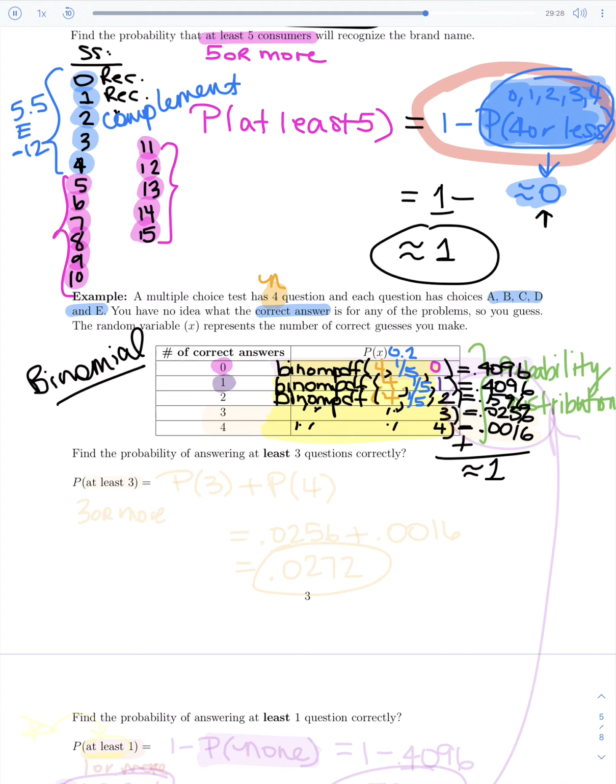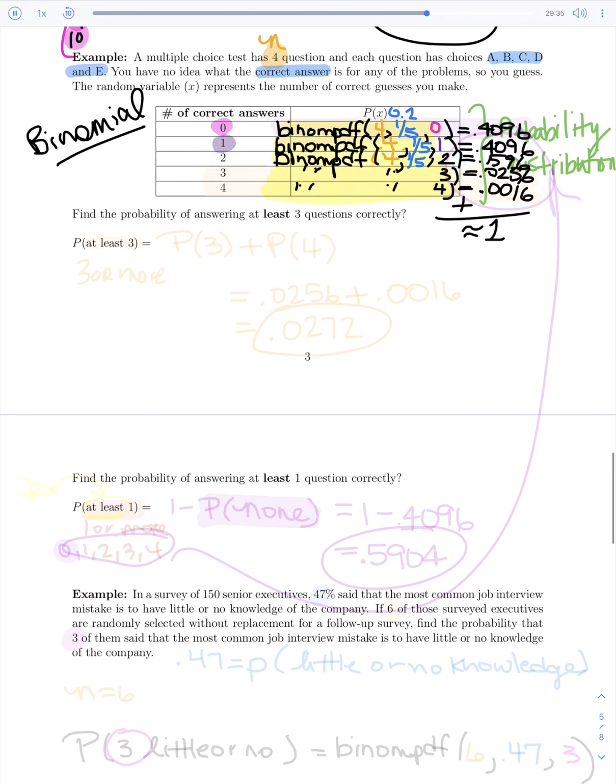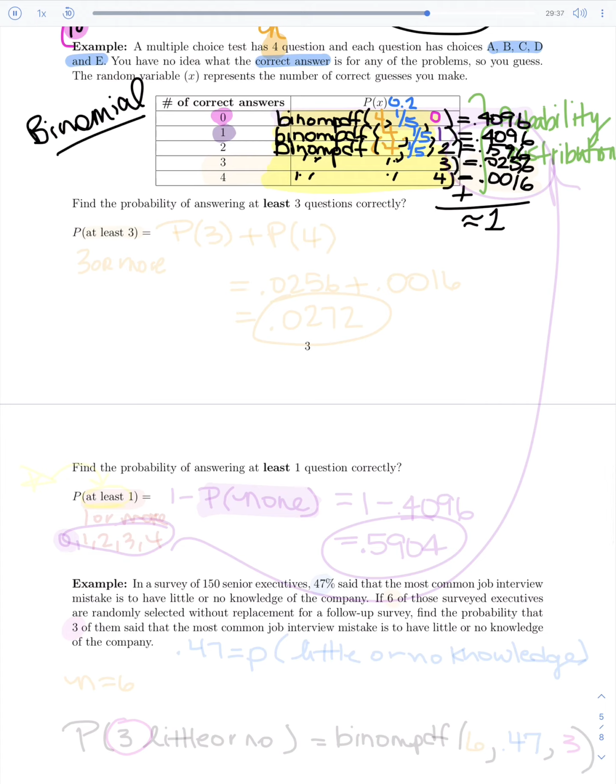So on this first example, let's see what they want us to find. They say, find the probability of getting at least 3 questions correct. Well, at least 3 means 3 or more, which in this case, since we only had 4 questions, would mean either you got 3 questions right, or you got all 4 right.